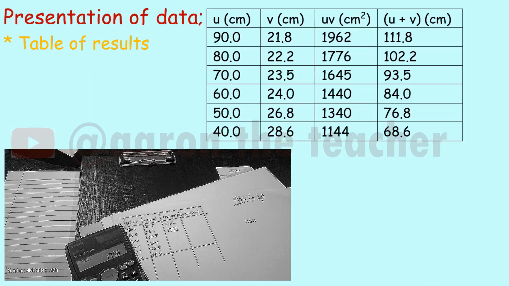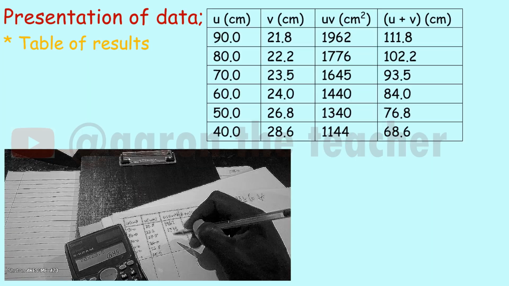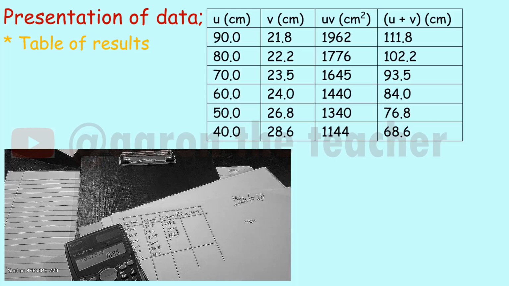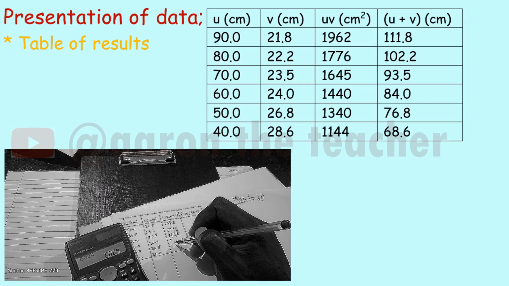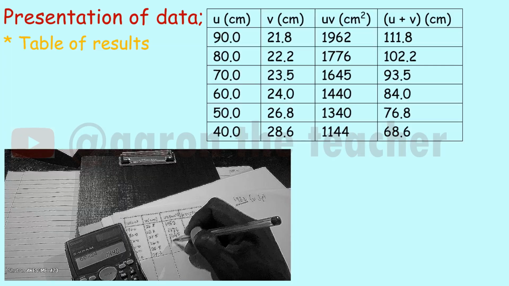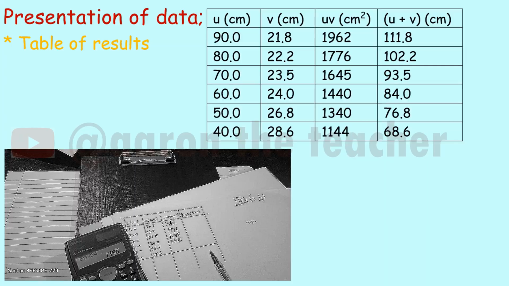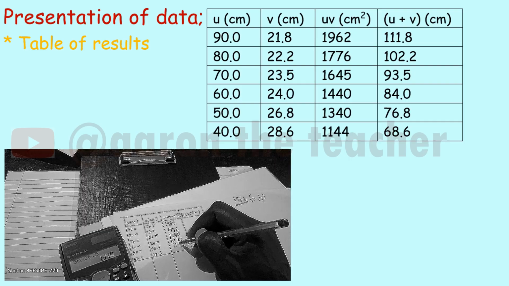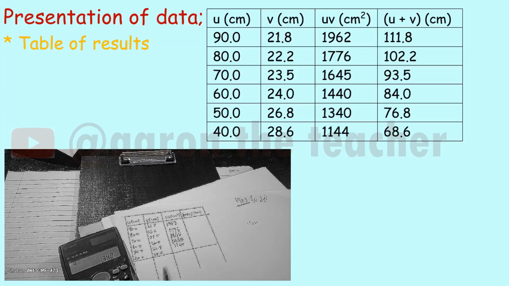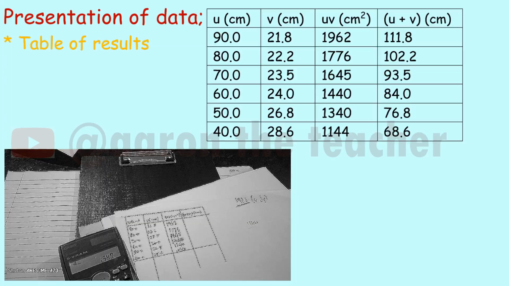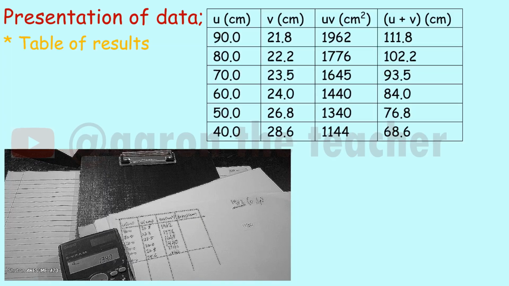Get 70 times 23.5 to give us that. Then 60 times 24 to give us 1440. And then I come to 50 times 26 to give 1340. And then last with 40, which we already got here, 1144. That is the column for U times V.